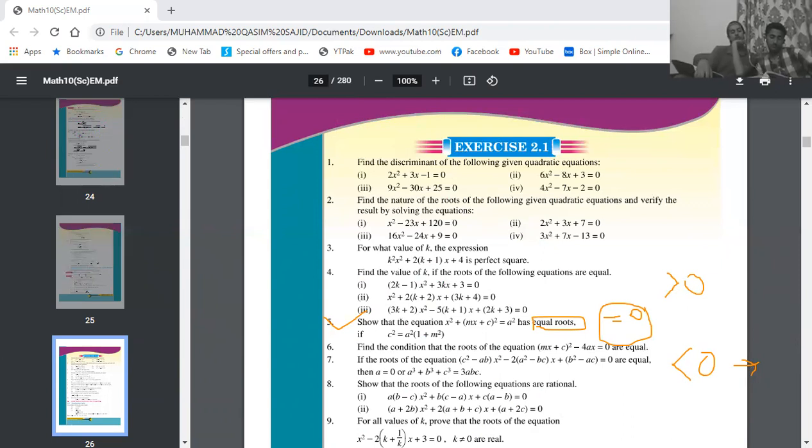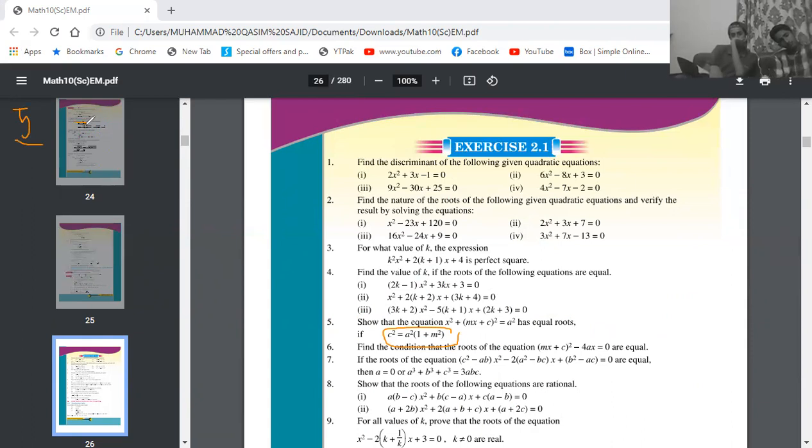So for equal roots, the discriminant value must be equal to 0. So the case we use is this one. Now, how to do it? The value of c is given. This is the important question number 5.